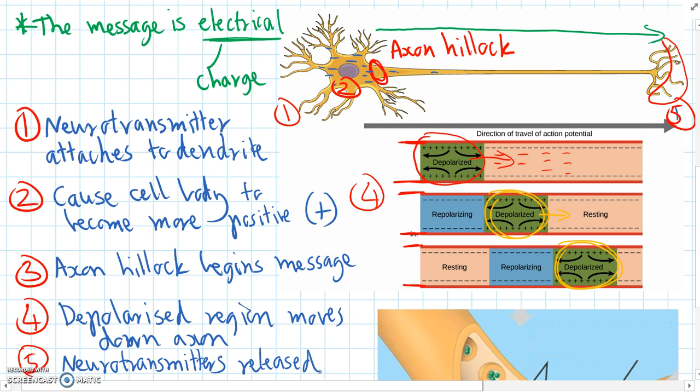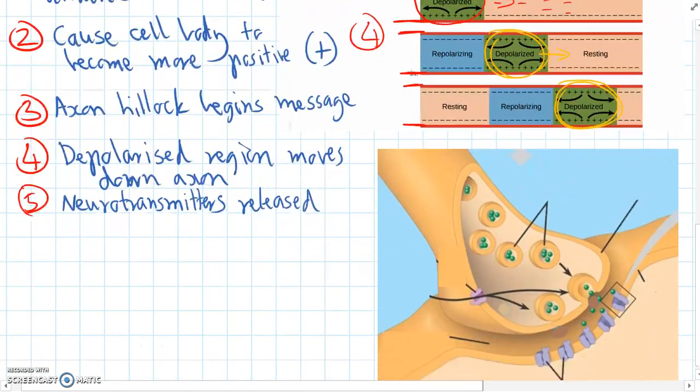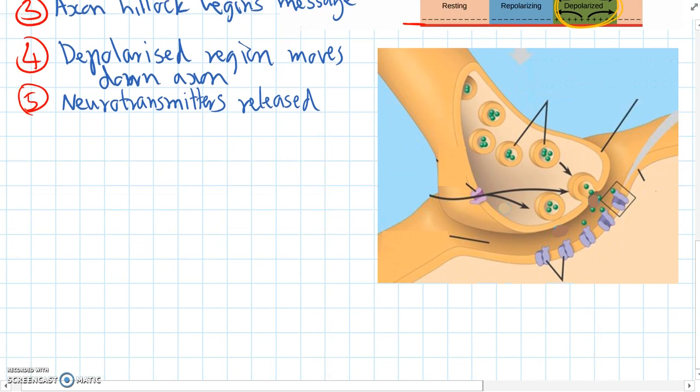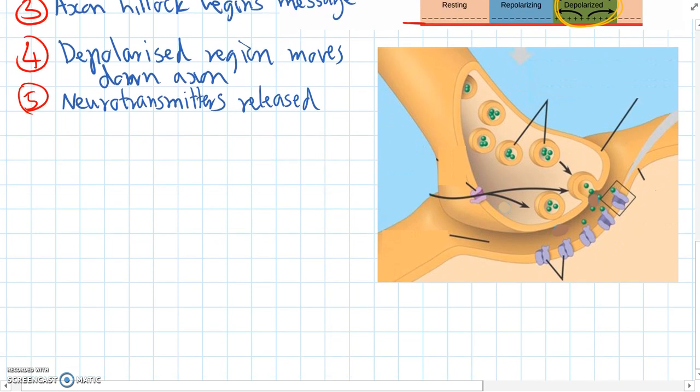The last thing we'll do is zoom in even further and have a look at the synapse, the gap between the neurons. And we can see it here. So this part here is the axon terminal of the previous neuron.